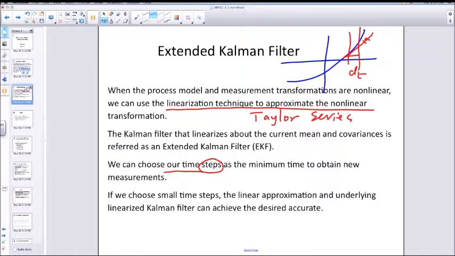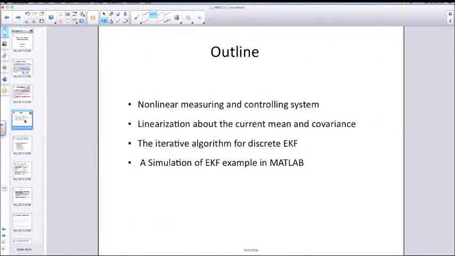So by choosing small time steps, the linear approximation can make the linear Kalman filter work for the nonlinear error model. So this is the idea.